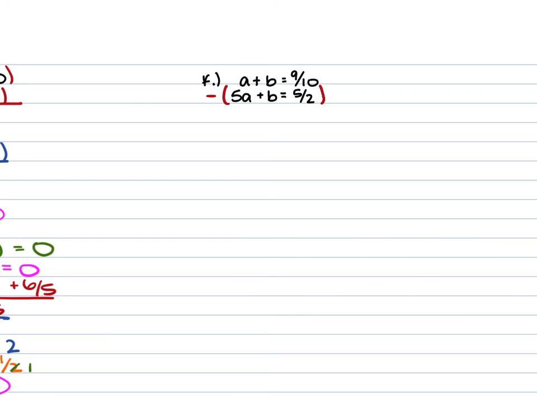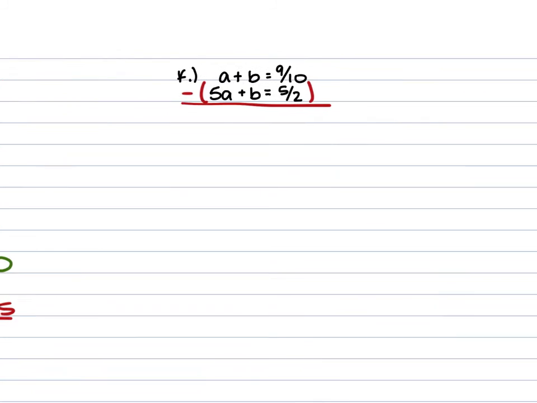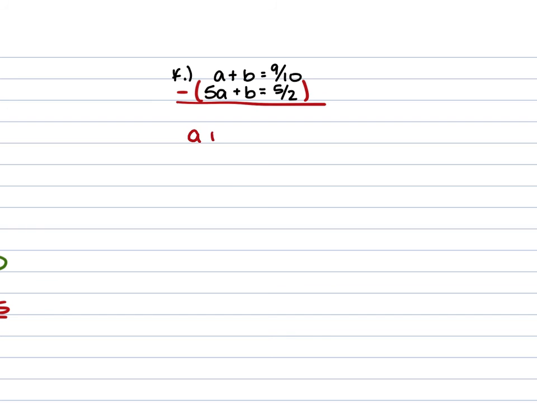Multiply it by a negative. This is going to give me a plus b is equal to 9/10, and negative 5a minus b is equal to negative 5/2.